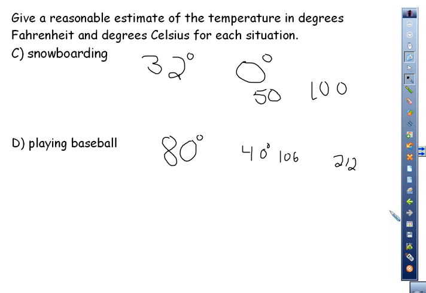I call it guesstimating because it is kind of a guess, but you're estimating these to get the best answer with some reasonability. Okay, so don't be frustrated with this if you were way off. We'll work with it more tomorrow, but this will give you a little better understanding of where we're going with all of this.